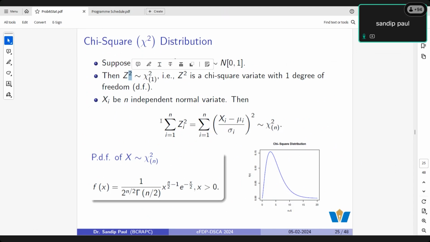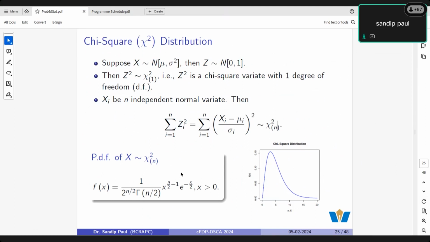So here we have considered xi as n independent normal variants, x1 up to xn, and if we consider the sum of the squares of the variables (xi minus mu i) by sigma i, squared, then it will be a chi-square variant with n degrees of freedom. Here n denotes the degrees of freedom.